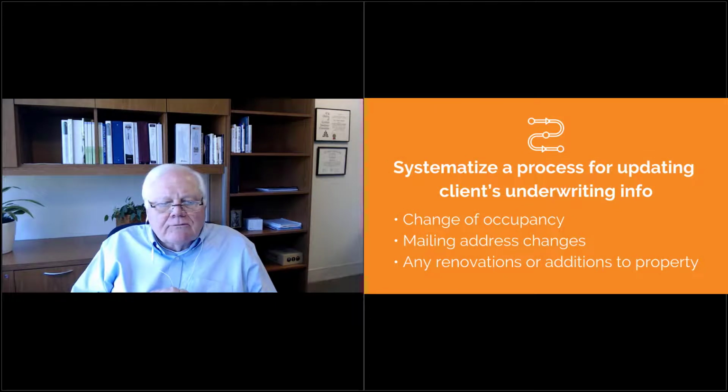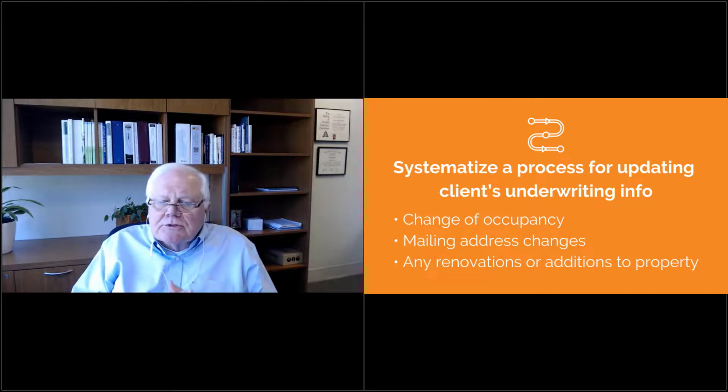We all know property exposures change over time, and it's important for the agency to be aware of them. We see E&O claims arise from property claim denials from the change of occupancy that's not documented to the insurance carrier.